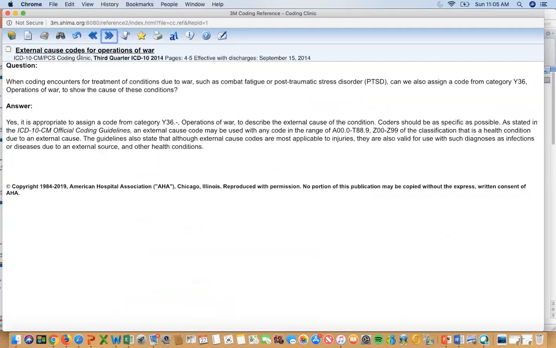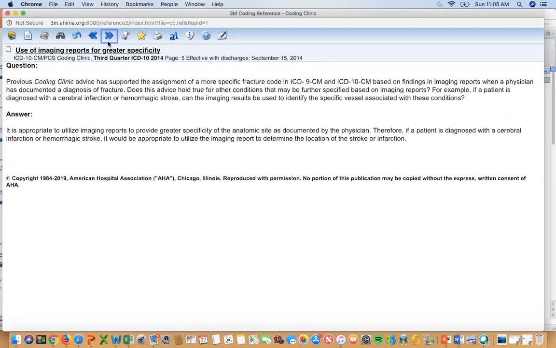So here's external causes of operations of war for page 5, which doesn't apply. And then we have page 5, use of imaging reports for greater specificity. So this is the one that does apply, okay? It's saying that the previous Coding Clinic advice has supported the assignment of more specific. This is the fracture code, obviously, so we're not using that. Oh, and I apologize, I'm not on the right one. This chapter 5, but I thought it was a different one.